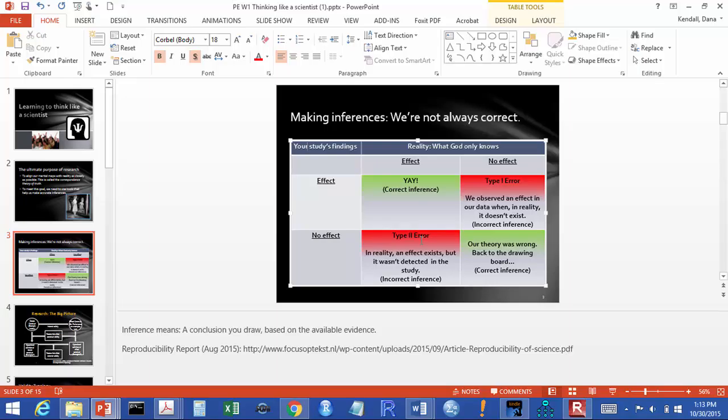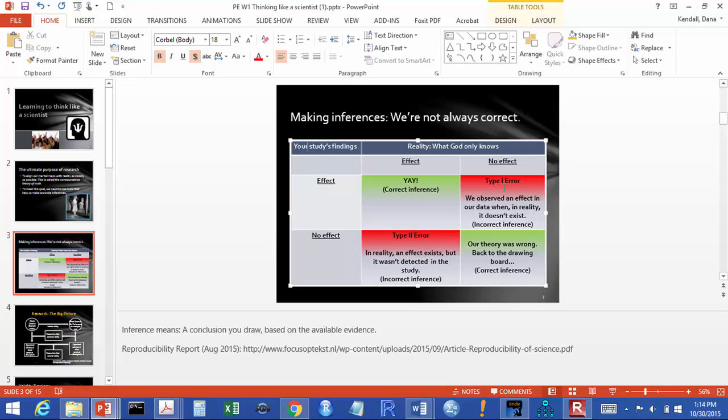Herman Aguinis is a researcher in our field who is a stats expert, and he talks a lot about the ubiquity of type 2 basically in our field, that it happens a lot, and I think for logical reasons, or I should say logistical reasons. A lot of times we don't have precise measures to pick up what's there, especially if this is a small effect in the population. We won't be able to detect it unless we have really precise measures that don't have a lot of error, and we have random assignment, things like that, to make sure that we have this really good test.